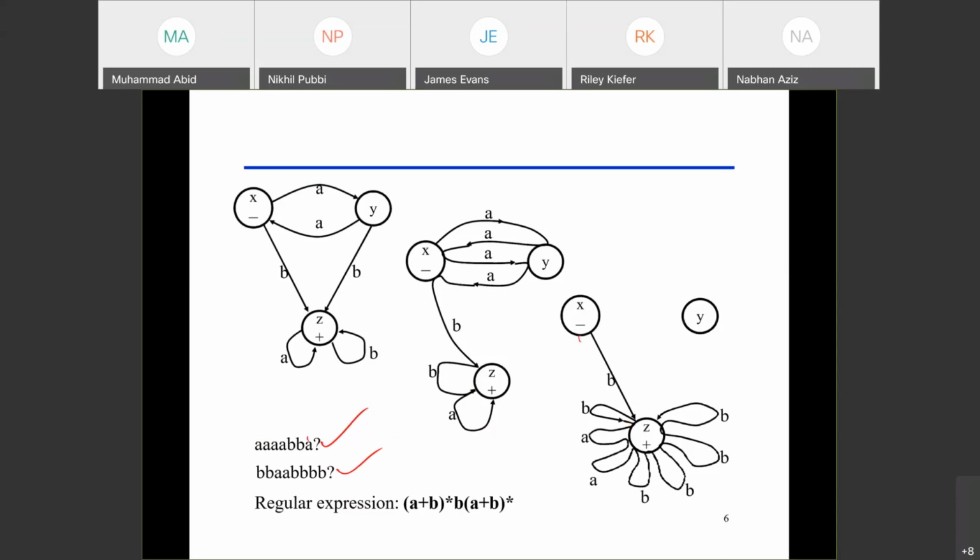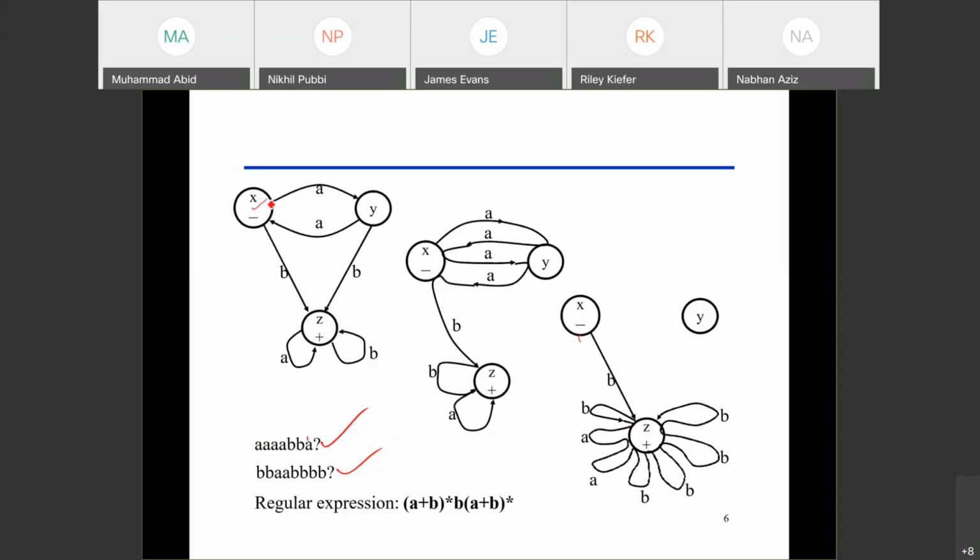And if I ask you to write the regular expression of this machine, of this FA, then you need to see how we read it, because to write the regular expression you need to understand what's going on in the language. Now, we always start from this state.